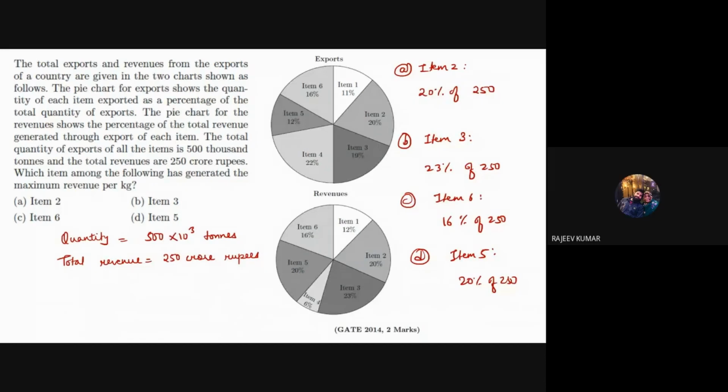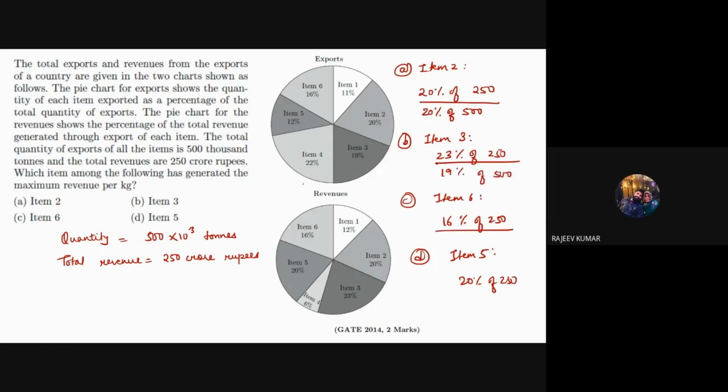Now we have to identify कि कितना यहाँ पर सेल हुआ था, because this quantity is being sold, export कितना हुआ था, that we will try to identify from this graph. So for item 2, if you see 20% has been sold, so 20% of quantity is 500,000 tons. So I'll just keep it 500 to keep the units short over here. 23% था, so 23% of 250 divided by per kg है, so again 500. और कितना है आइटम 3 का, आइटम 3 है 19%, so 19% of 500.